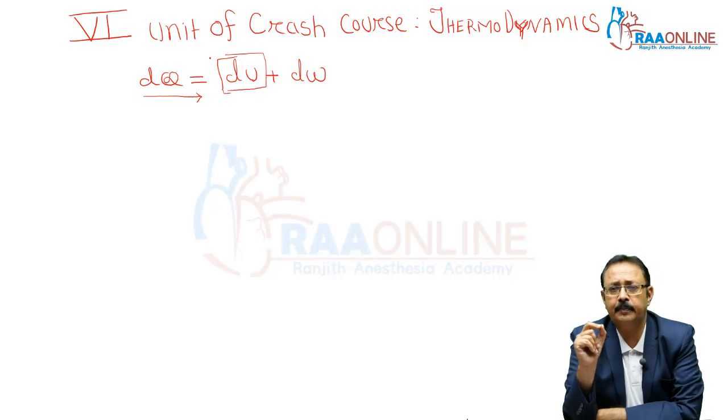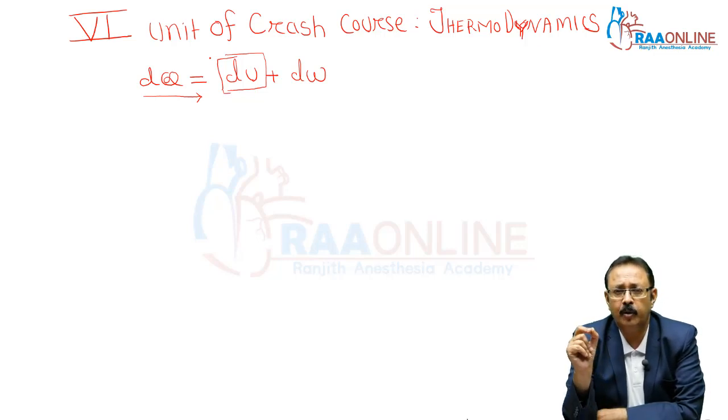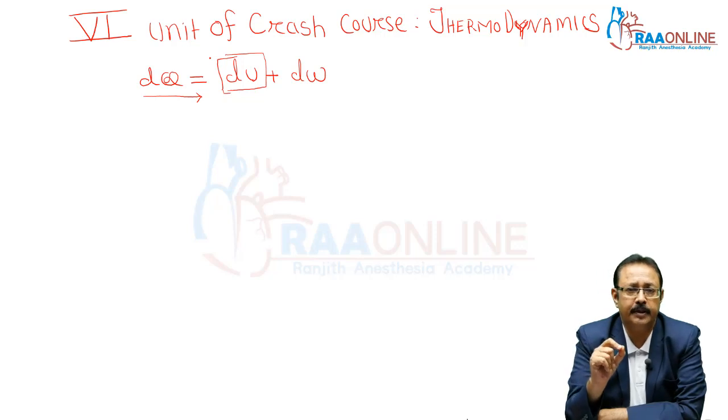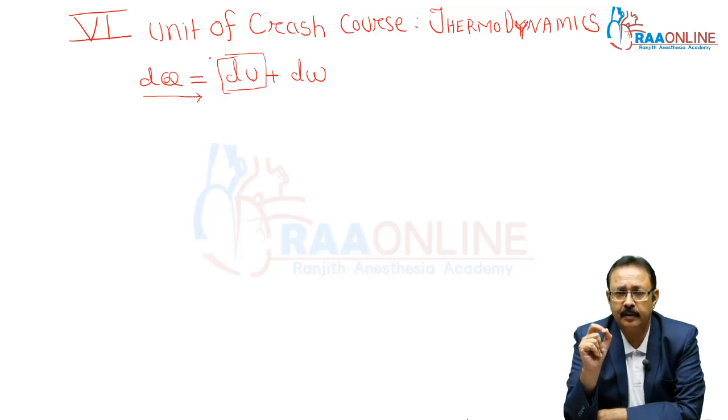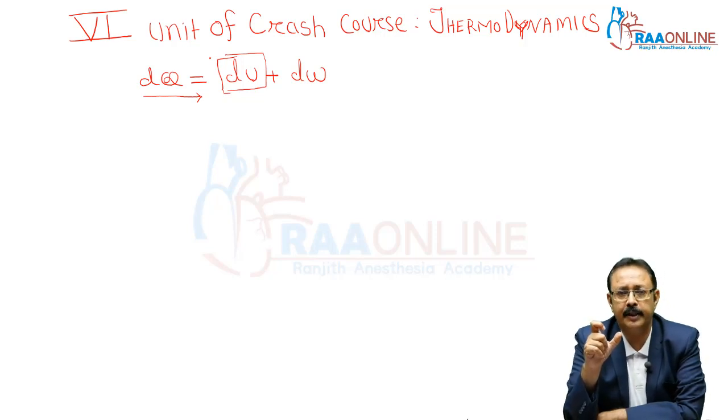What is the second statement? It is given by Clausius. You cannot supply heat energy from low temperature to high temperature without the help of external energy. This was given by Clausius related to the refrigerator, because in a refrigerator you are doing the same.